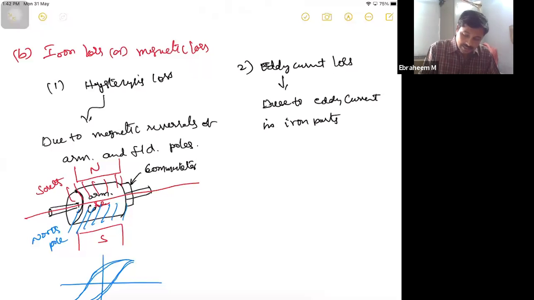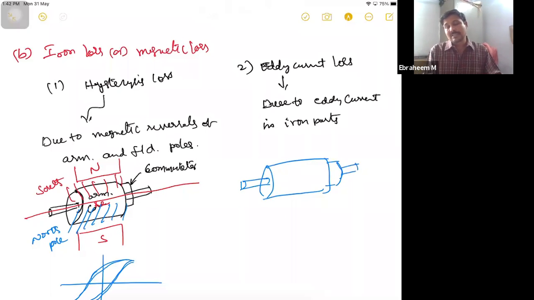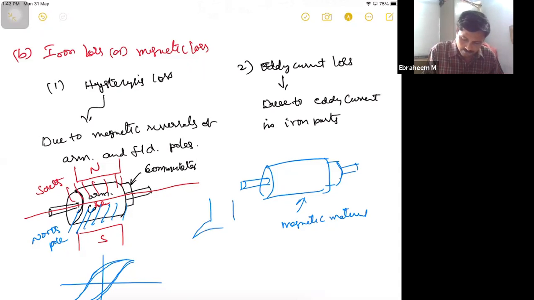Now I will draw again the same figure as the armature. What happens here is this armature is a laminated armature. It is an iron part or magnetic material. Not only this armature, the field poles are also magnetic materials.